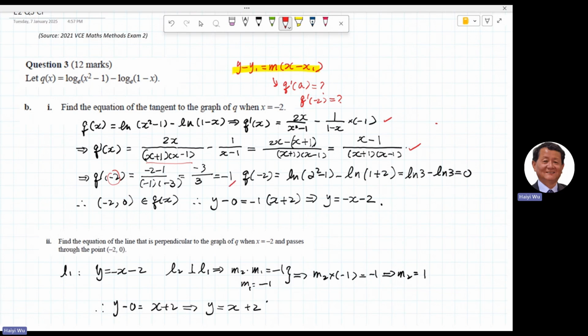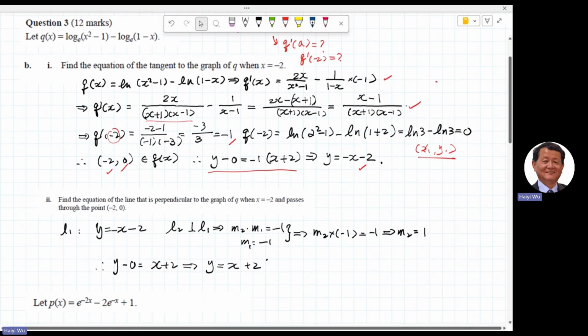Then I work out the point by substituting negative 2 into the original function, so we get x is negative 2, y is 0. Therefore the tangent function is y equals negative x minus 2.